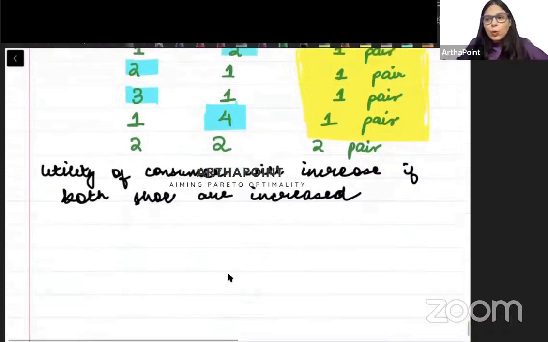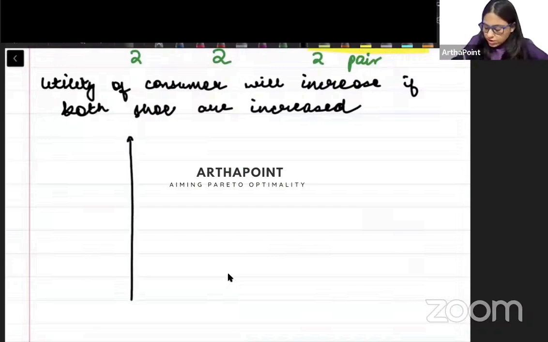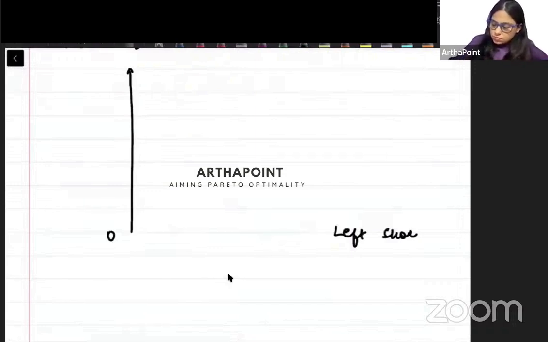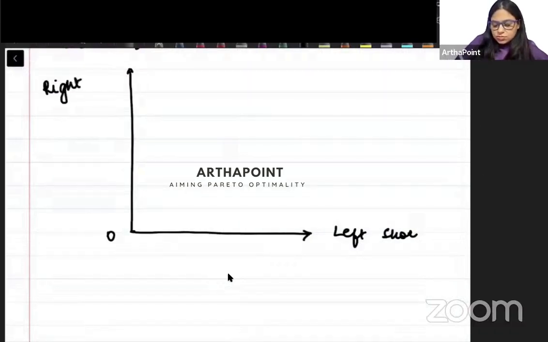So how can I plot this? How can we show this? Try to see here. I have taken left shoe here. I have taken right shoe here. Isn't it?